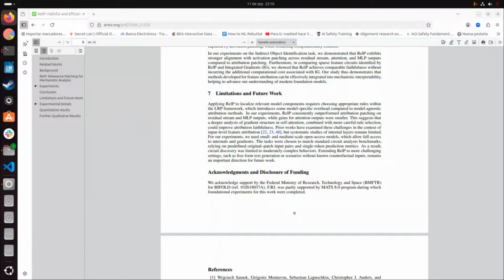Maybe it's on the circuit research landscape thing. Nice. So they are for Qwen and Llama and Gemma, I see.